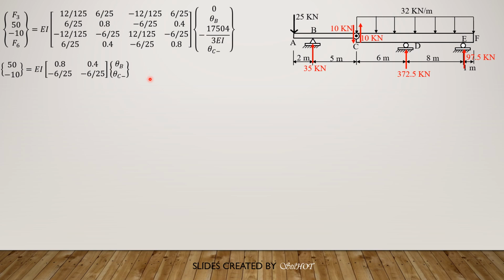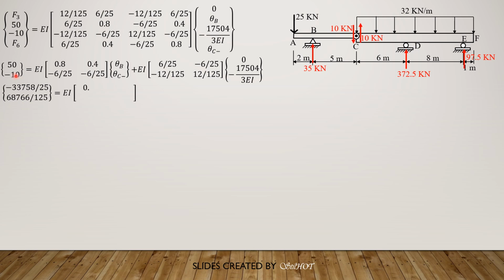Then plus EI of 6 over 25, negative 6 over 25, 6 over 25, negative 6 over 25 times 0 and negative 17,504 over 2EI. So this new entry value here is equal to 50, and we have 0, this is positive, so 50 minus 6 over 25 times 17,504 over 3, that would be negative 33758 over 25.